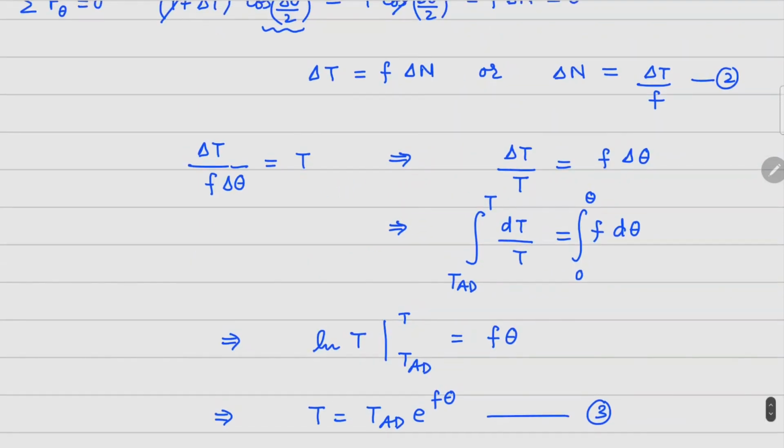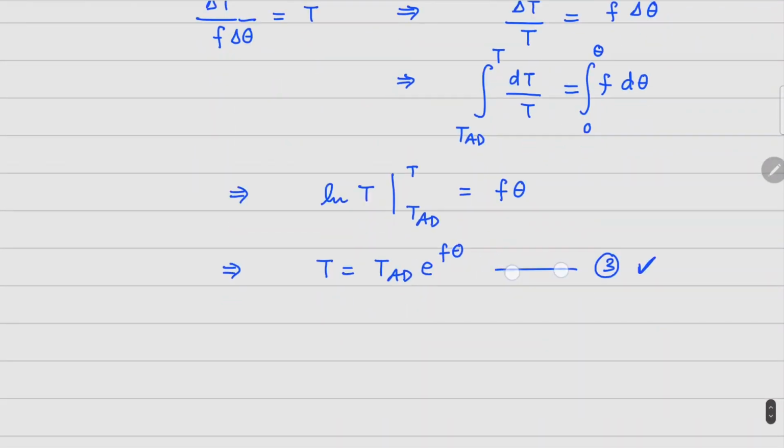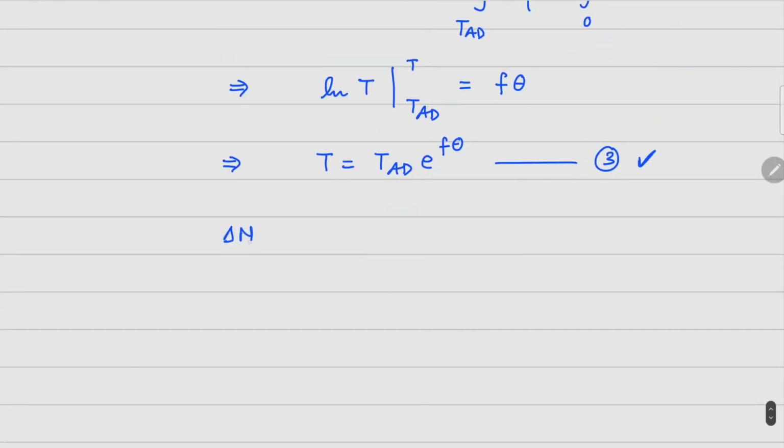Now since we have already got a relationship for T, we can go back to equation number 1 here, and we can use that delta n over delta theta, or when you put the limit delta theta tends to 0, this becomes dn over d theta, which is equal to T, which is T AD e to the power F theta.